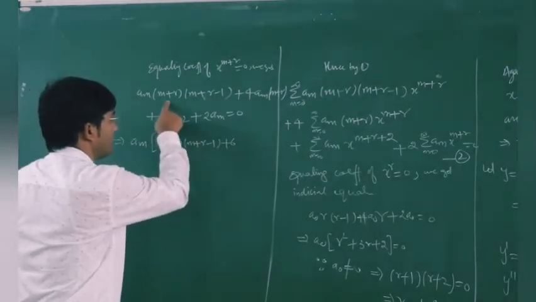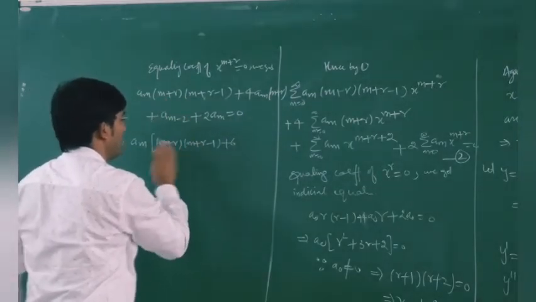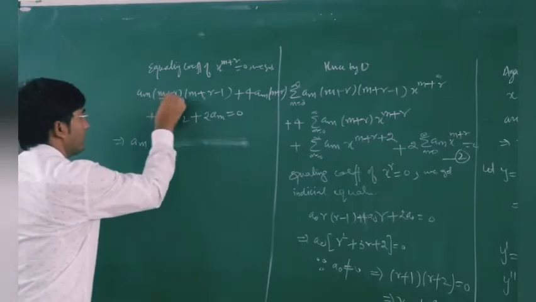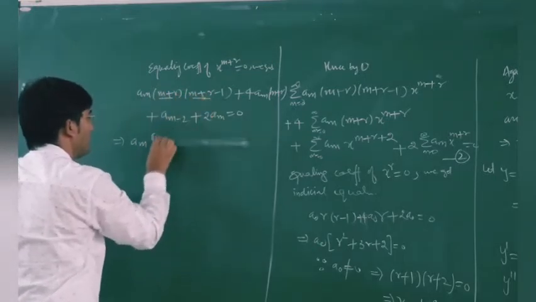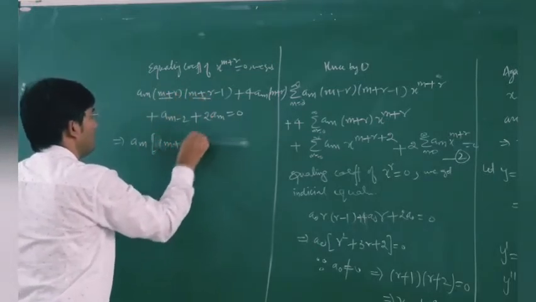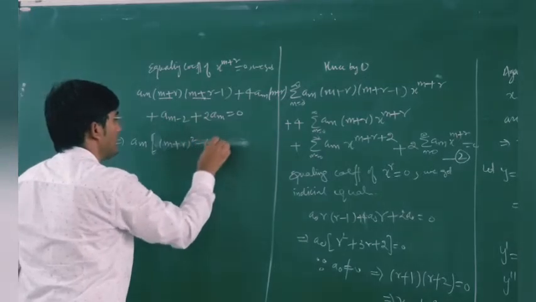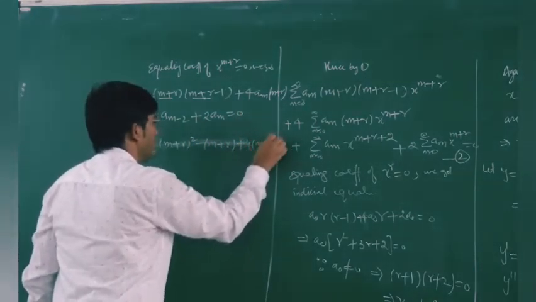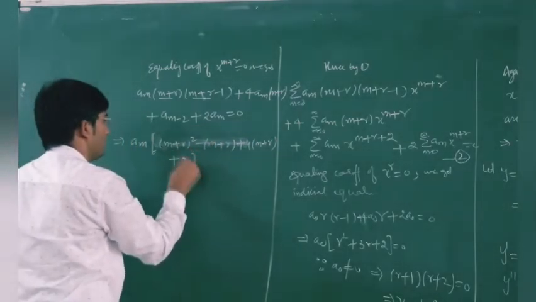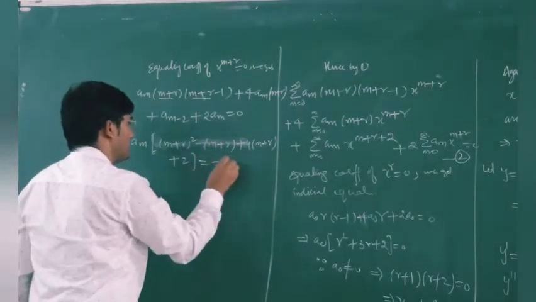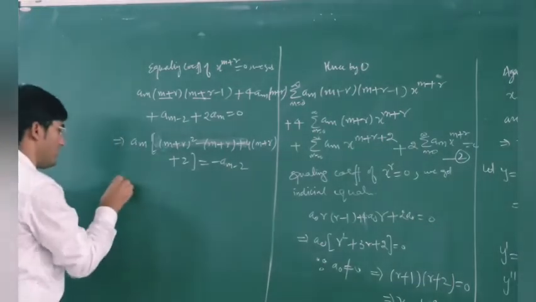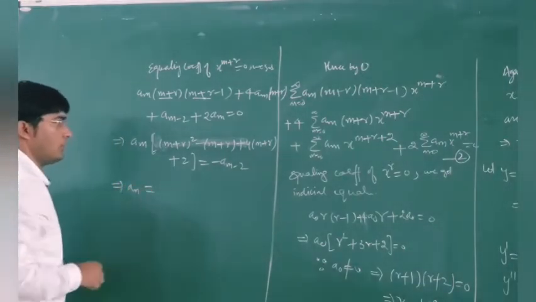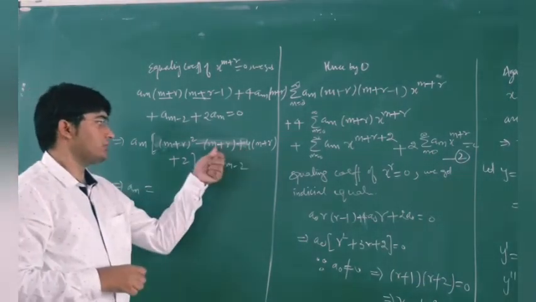Now you can see that if you multiply this m plus r with this m plus r, we will get m plus r whole square, then we will have minus m plus r, then we have 4 into m plus r, then the 2, and on the right hand side we will have minus am minus 2.